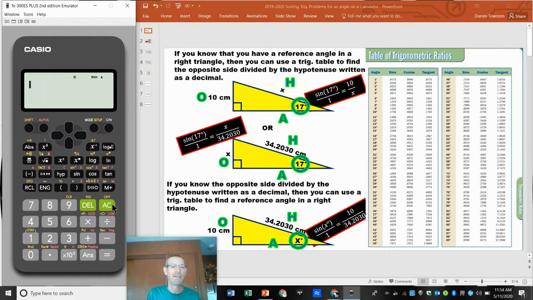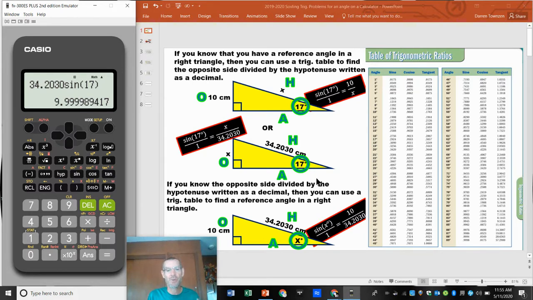So on my calculator, I just need to type in 34.2030 and then sine of 17. And when I press equals, it comes out to 9.999989417, which obviously is going to round off to 10, which is the same value that we got for our 17-degree right triangle in the first problem.